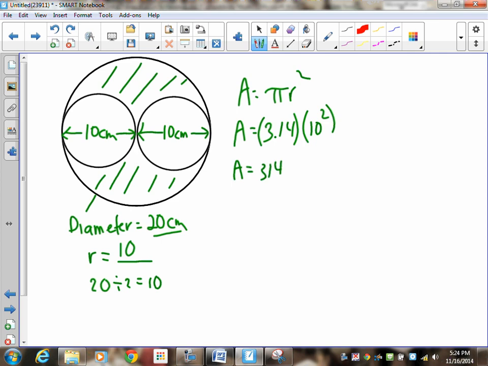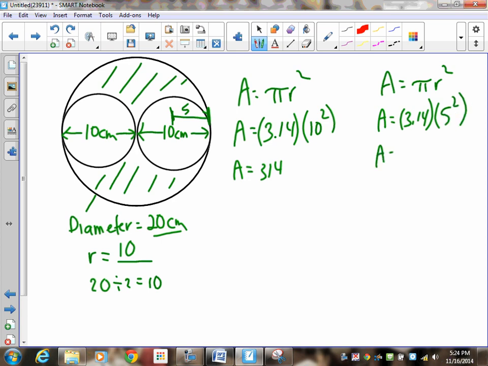Now the small circle, there's 2 of them. So we have 3.14, that never changes. My diameter here is 10, and I need a radius, so my radius is 5.